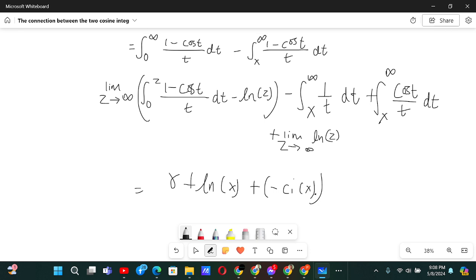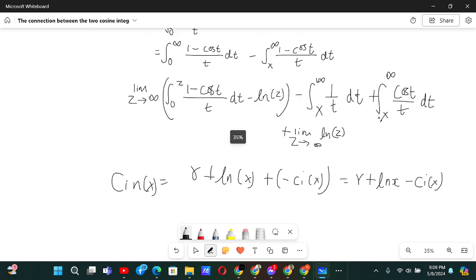Yes, and that is the required result: Euler-Mascheroni constant plus ln of x minus Ci of x, and this is what we began with, that is the Cin function, and that proves it.